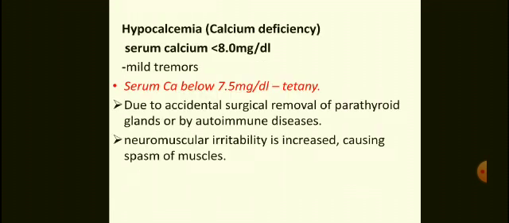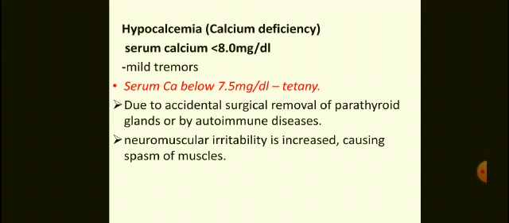Next is hypocalcemia. That is calcium deficiency. So here serum calcium level is less than 8 milligram per dL. Then mild tremors can be seen. If the serum calcium level is below 7.5 milligram per dL, it leads to a life-threatening condition called tetany.